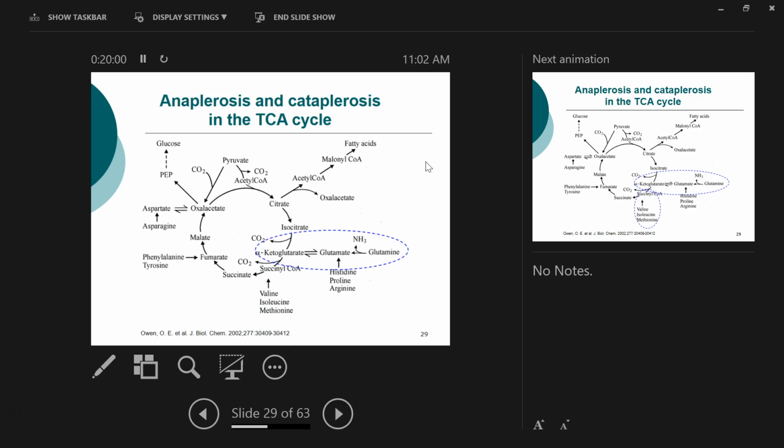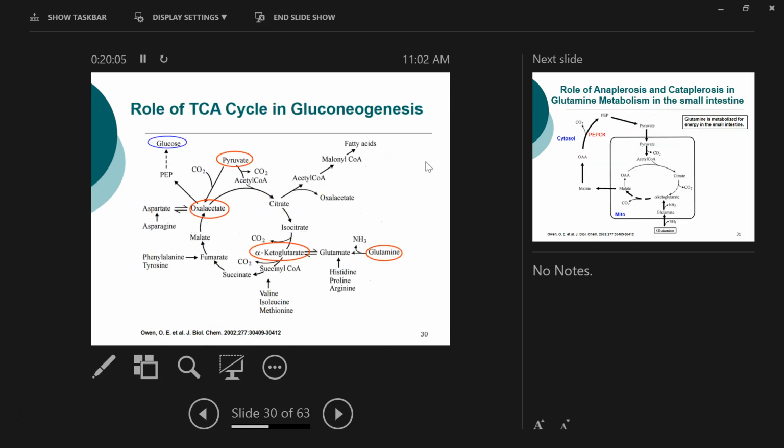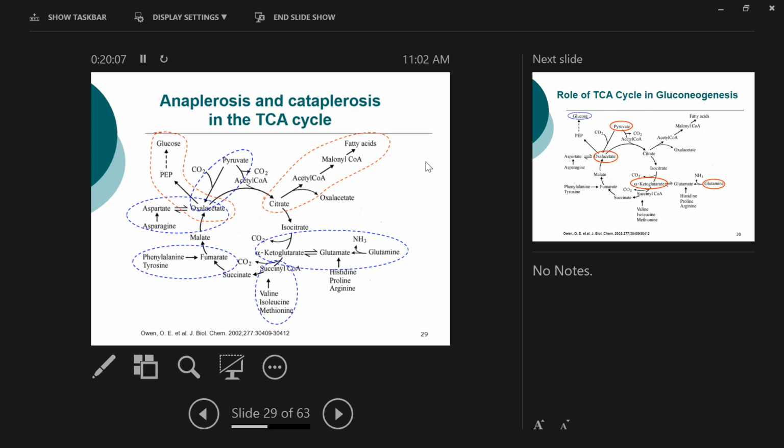If you look at this slide, for example, citrate is one of the TCA cycle intermediates, right?